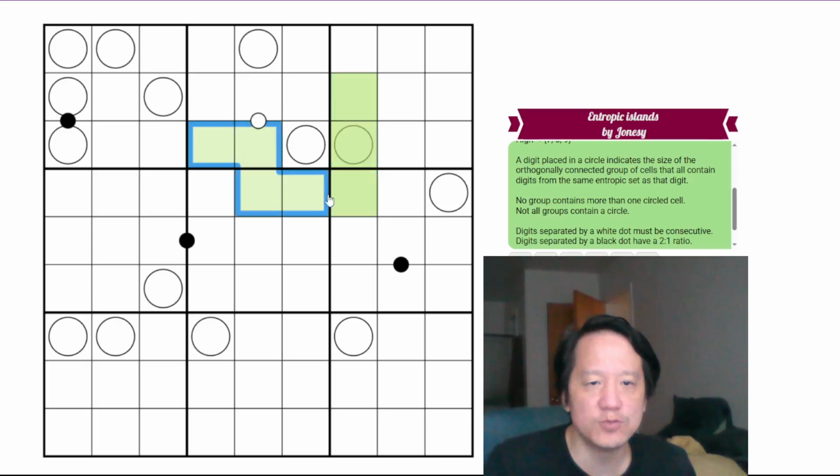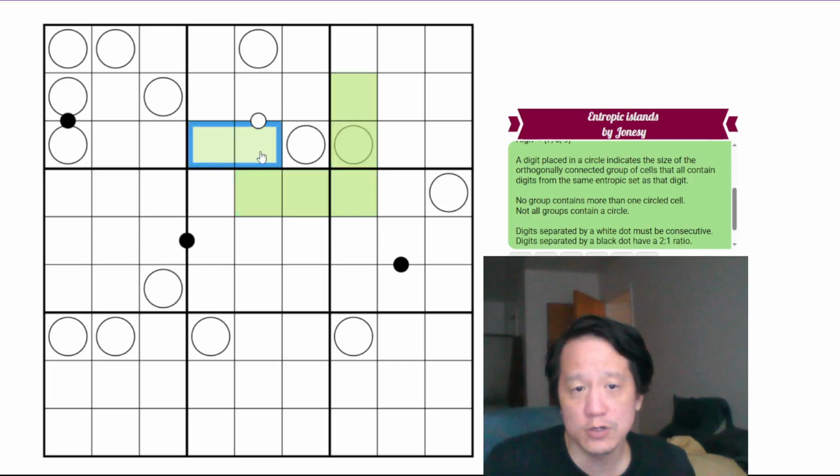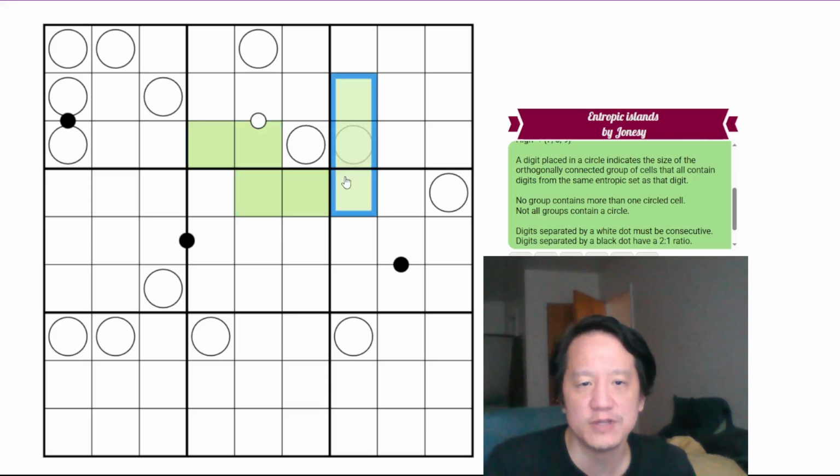So if these were all the same entropic set, this would work because to get from any cell in that group to any other cell in the group, you can just go through edges while staying within that group.